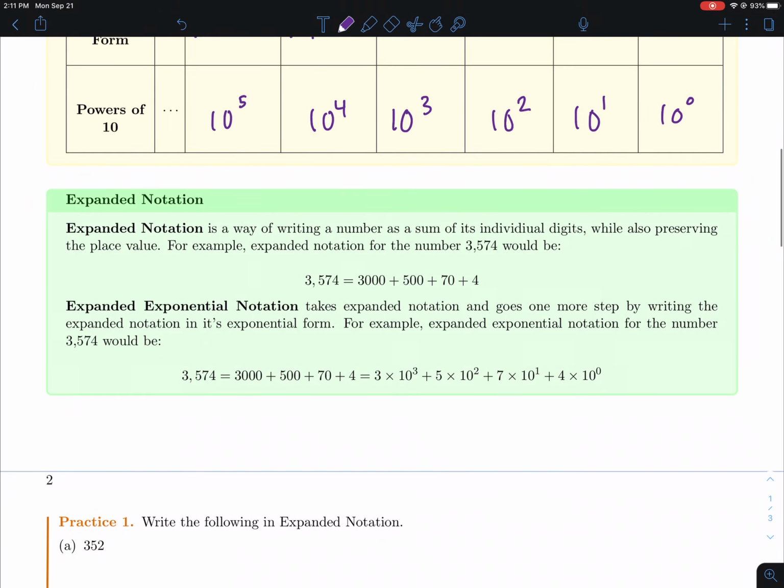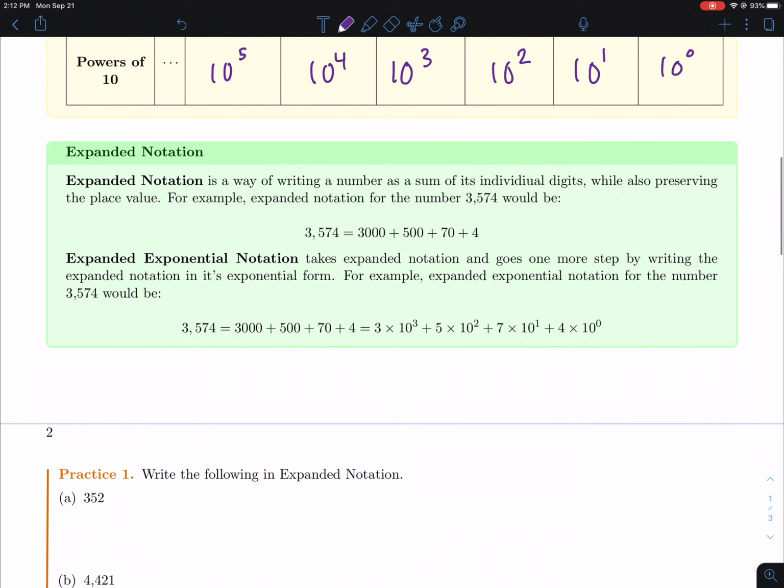So now what we want to do is look at what's called expanded notation. This is really just taking a number and breaking it down into ones, tens, hundreds, thousands, however it may be. The plain expanded notation just writes them exactly in that form. So 3,574 would be written as 3,000 plus 500 plus 70 plus 4.